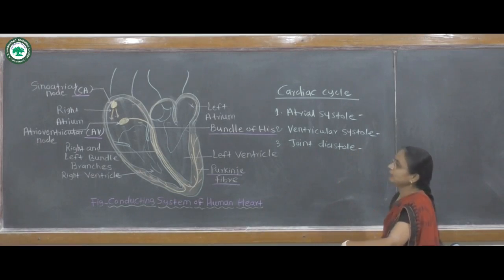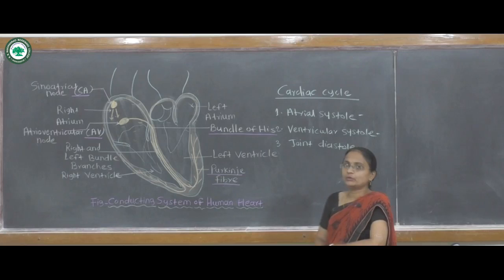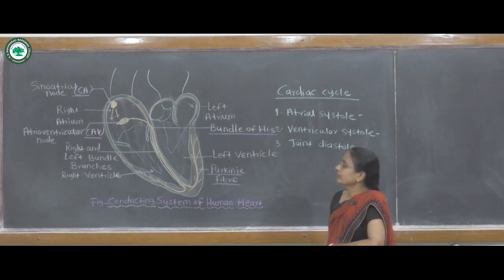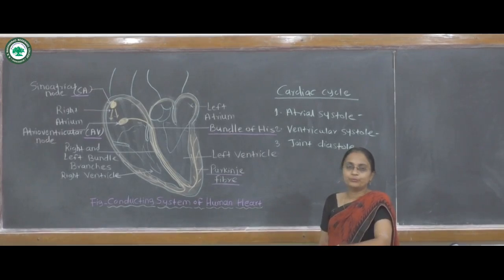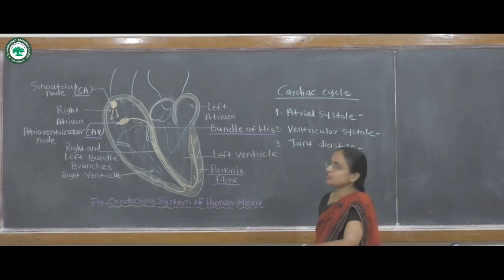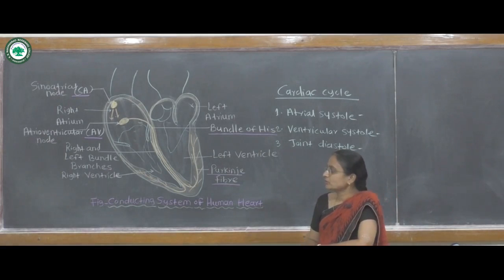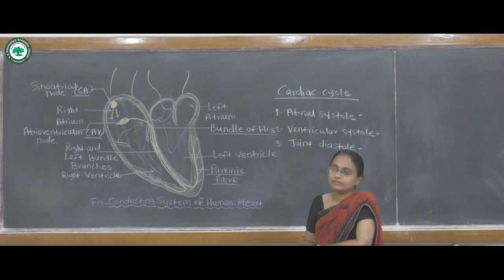In the ventricular systole, the atria go towards the relaxed stage, and the ventricles get filled with blood. After the filling of the blood, pressure is applied on the walls of the ventricles, and from the right ventricle the deoxygenated blood goes through the pulmonary artery to the lungs for purification.